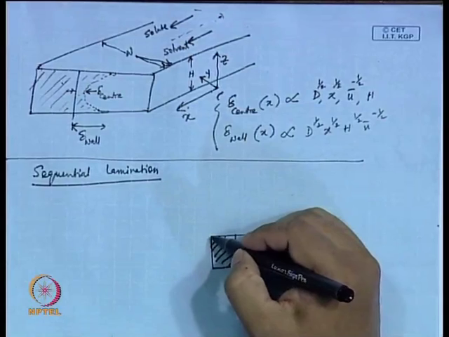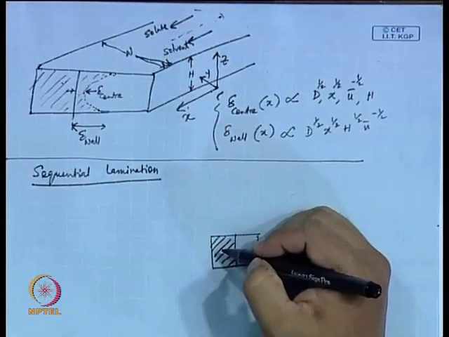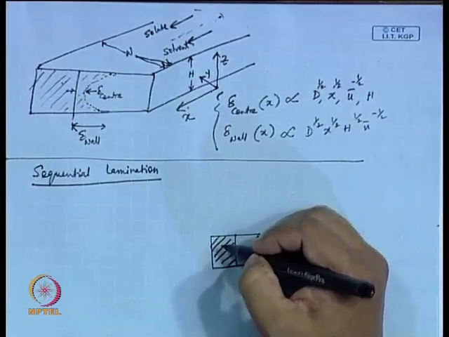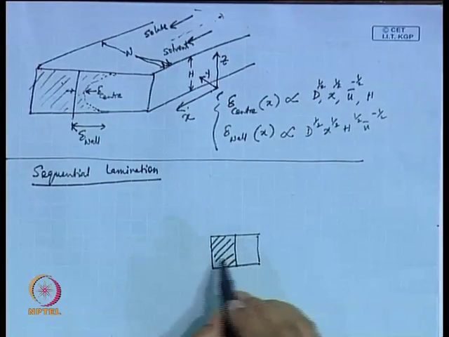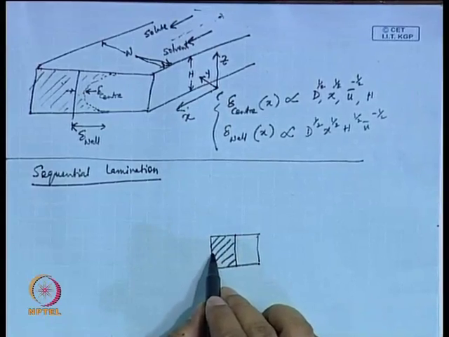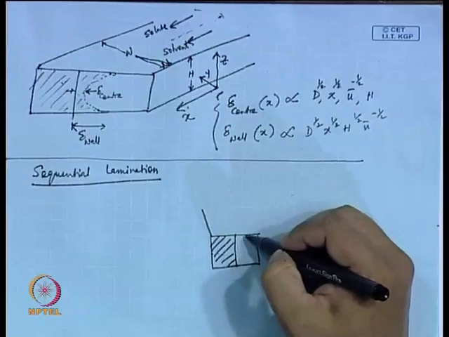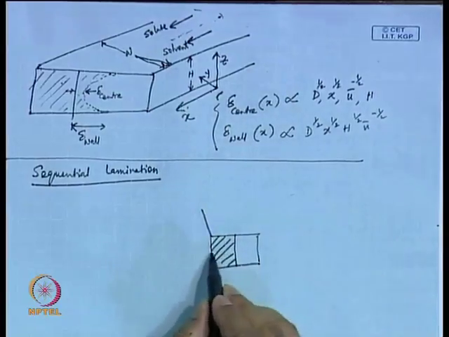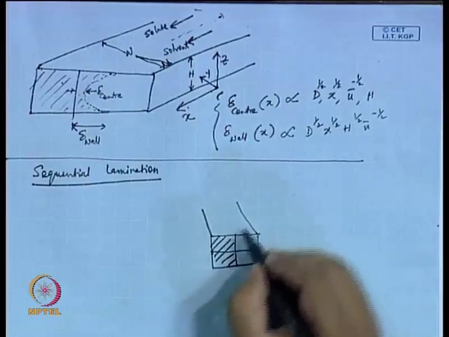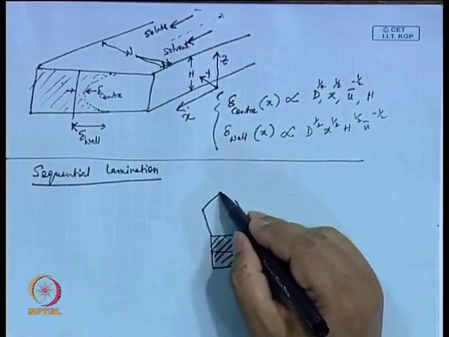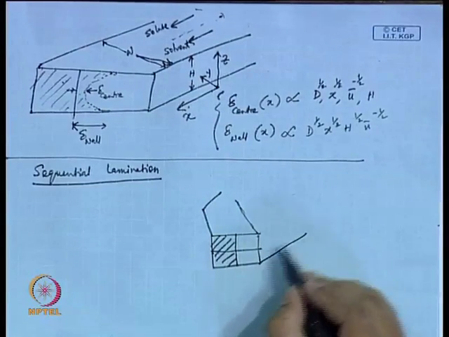Okay. Then what you do here is you pick up half of this stream to this direction and the bottom half you are taking in this direction.